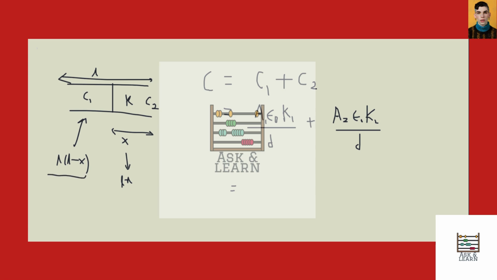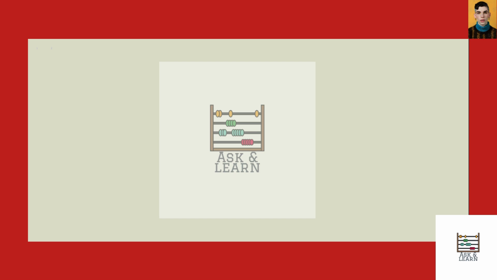A1 is L times (L minus x), epsilon naught, K1 is 1, divided by D, plus A2 is L times x, epsilon naught and K, since the value of K2 is K, divided by D.